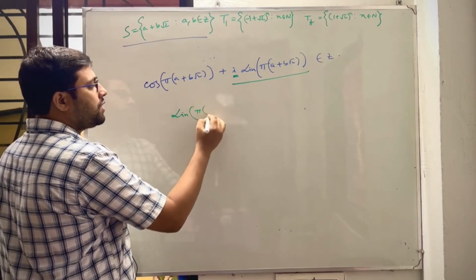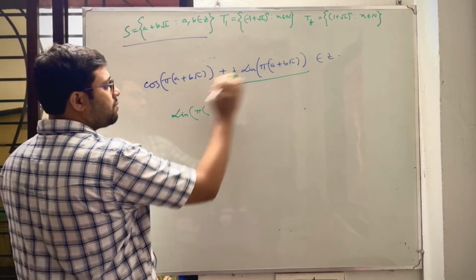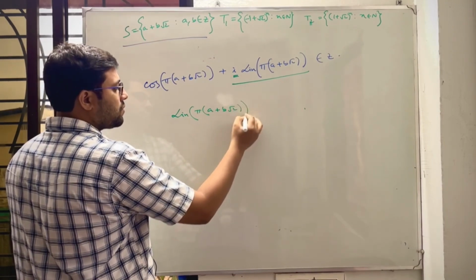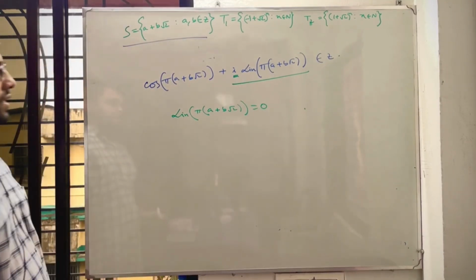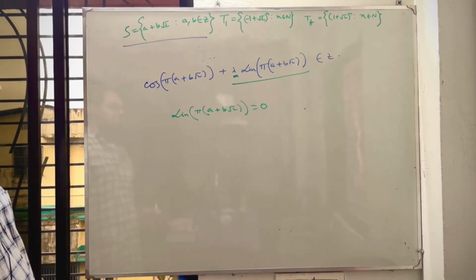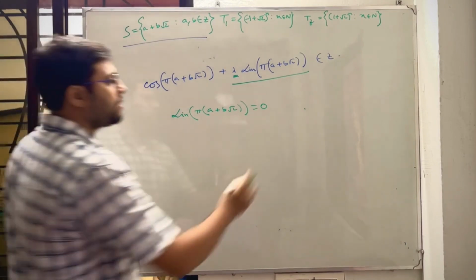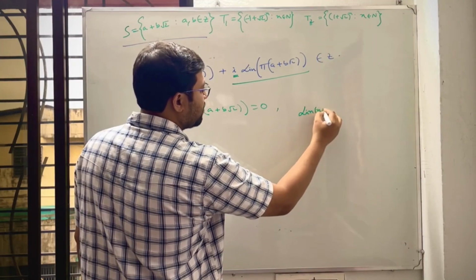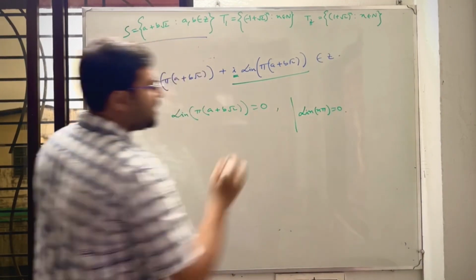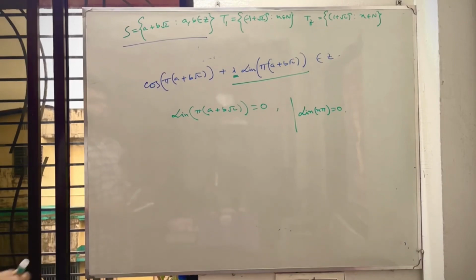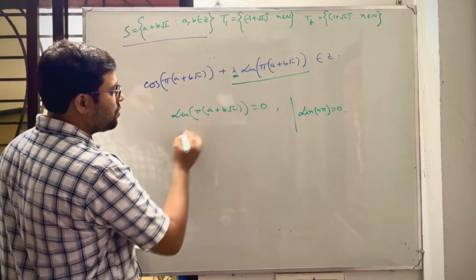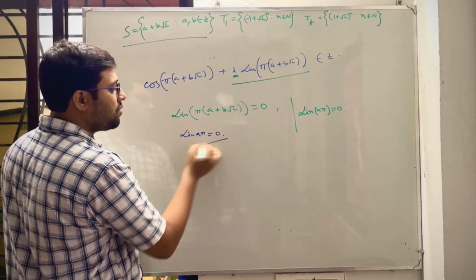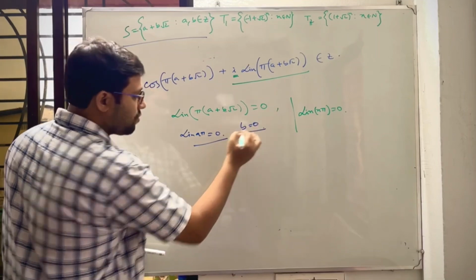This is the only possibility that this belongs to Z. And since a and b are both integers, and we know that for any integer n, sin(n pi) is equal to 0, if we make b equal to 0, this becomes sin(a pi), which is obviously equal to 0.